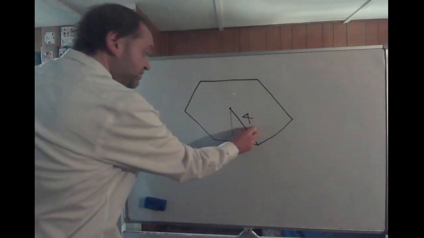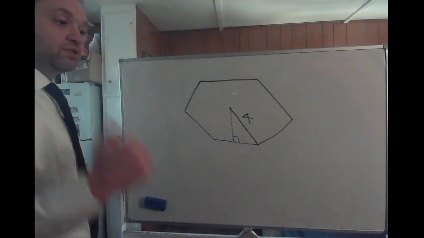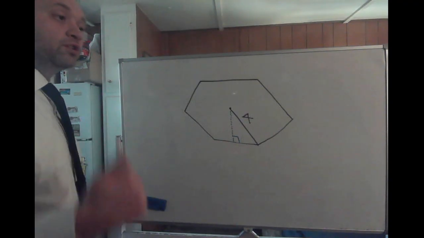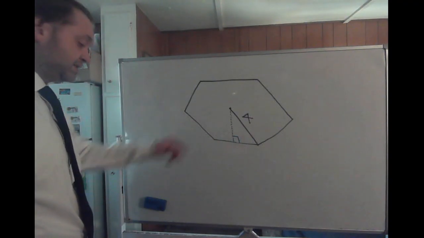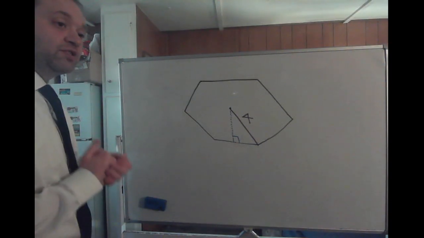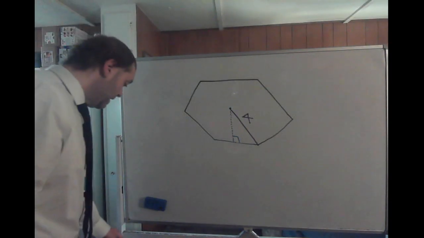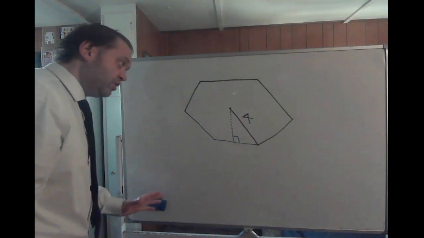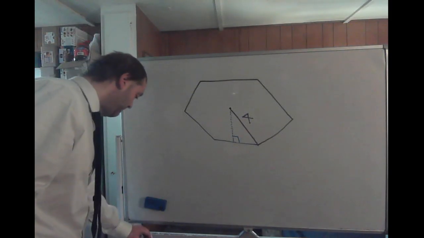So this is often what problems will look like when you're solving for the area of a regular polygon, in this case a hexagon. The first thing you need to do is ascertain your central angle. How do you find the central angle of a regular polygon?